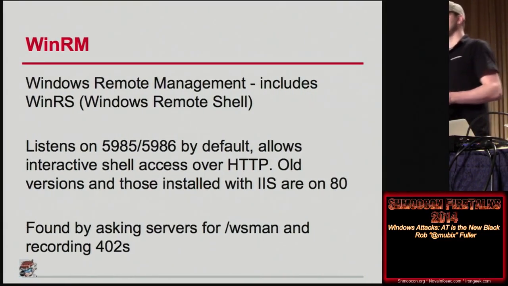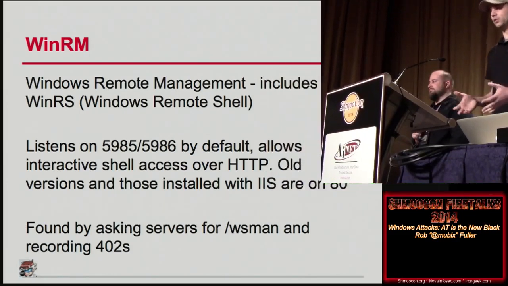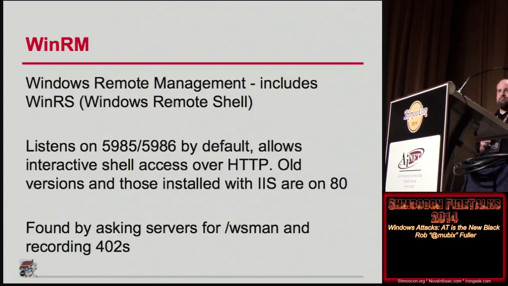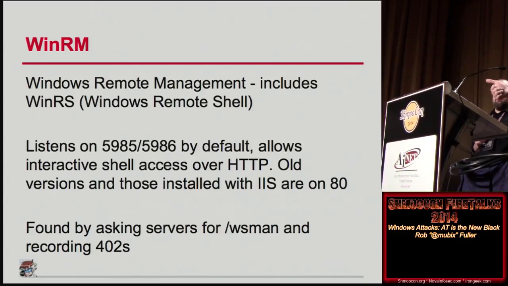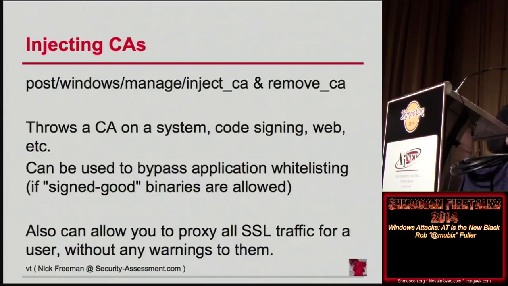So if you see an IIS box on a pen test, all you have to do is throw a /WSMan, all lowercase. If you get a response that isn't like 404, you know that you can execute code. Well, if that's on the DMZ, you're done. Game over. And there are plenty of exploit modules to help you get through that process.